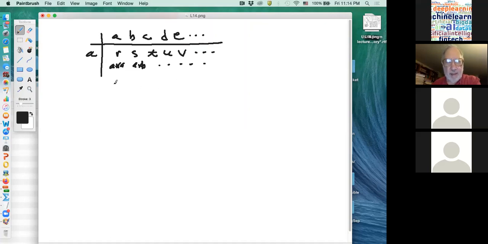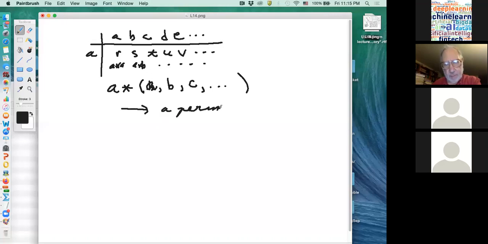And so what I'm doing is I'm taking A and multiplying it by A, B, C, and so on, and I claim that that will yield a permutation of A, B, C, and so on, if this is a list of all Quandl elements.